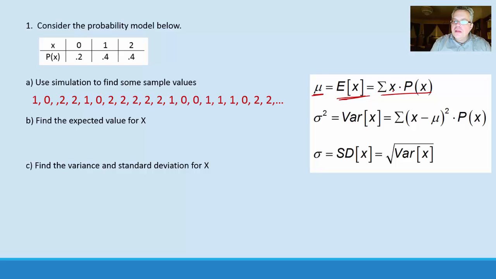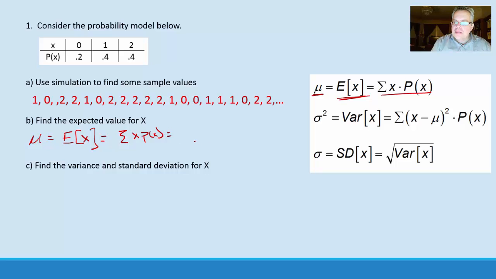We multiply the values of the random variable by their probabilities. So here we go, mu, which is another symbol for the expected value of x, the theoretical average, is the sum of x times p of x.